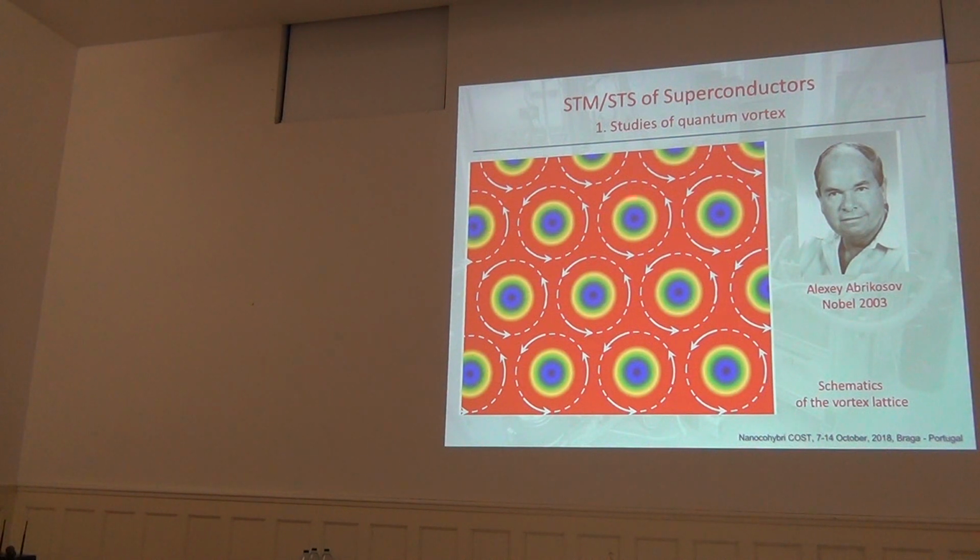These vortices, which are energetically impossible in the ground state at zero magnetic field, become the minimum energy solution in the magnetic field. And so these vortices are vortices of currents. There are also cores where the order parameter goes to 0, okay? And of course, each vortex contains a single flux quantum, as you know.